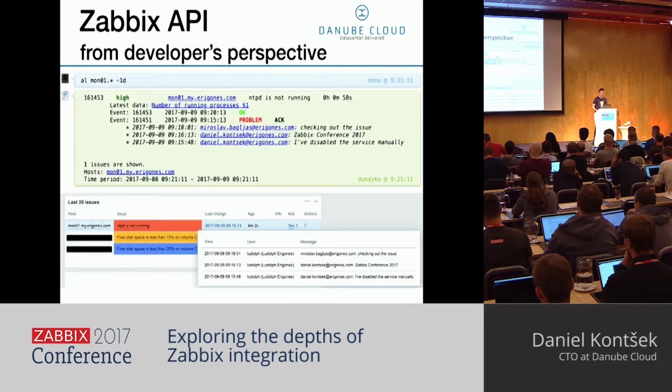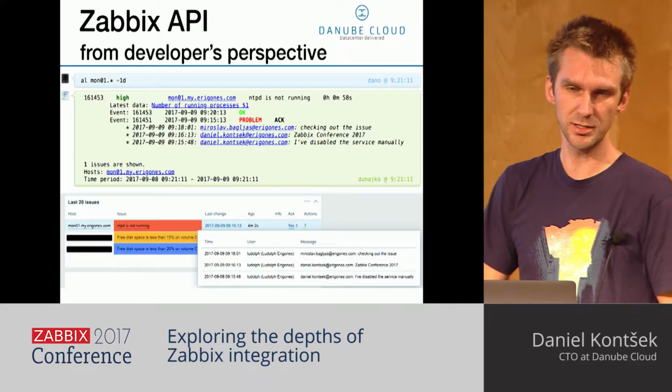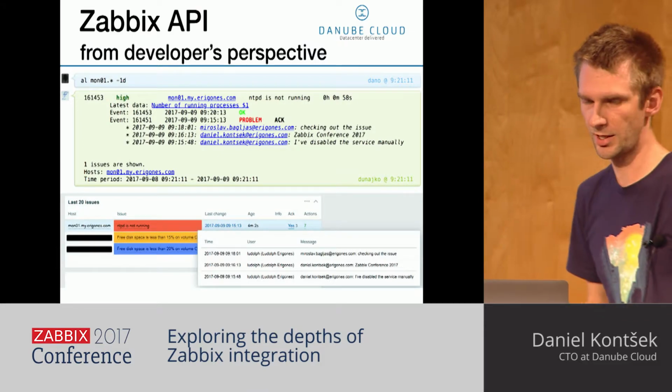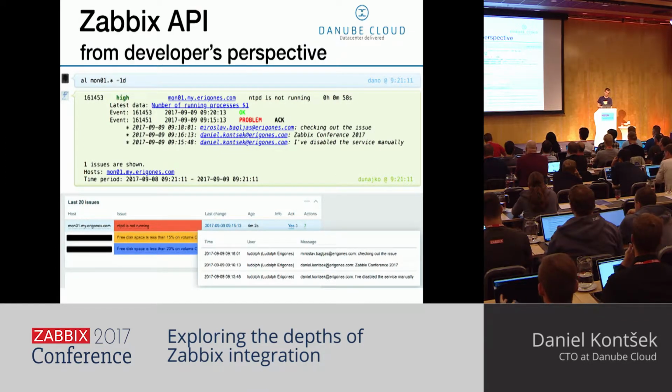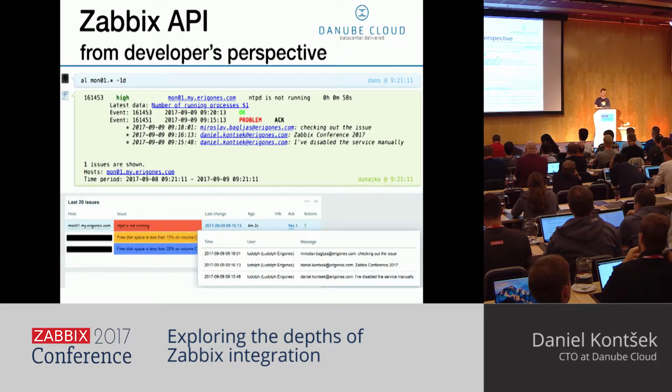Let me give you an example. This is the Jabberbot code that we saw earlier, and I wanted to create a view displaying alerts. I had the view in mind, and I couldn't program it. I wanted to have these acknowledgements for each event, and it didn't work.